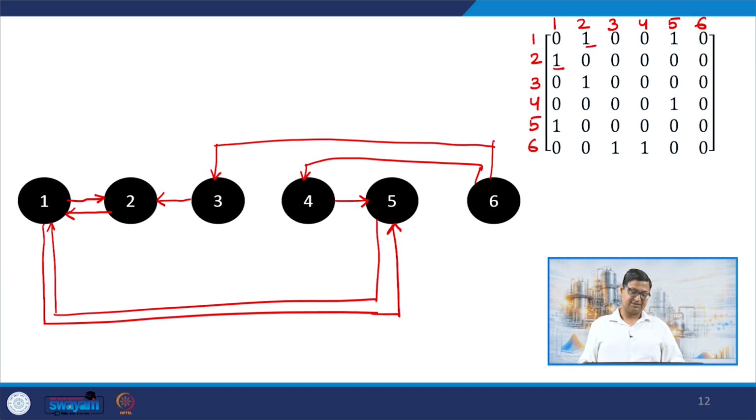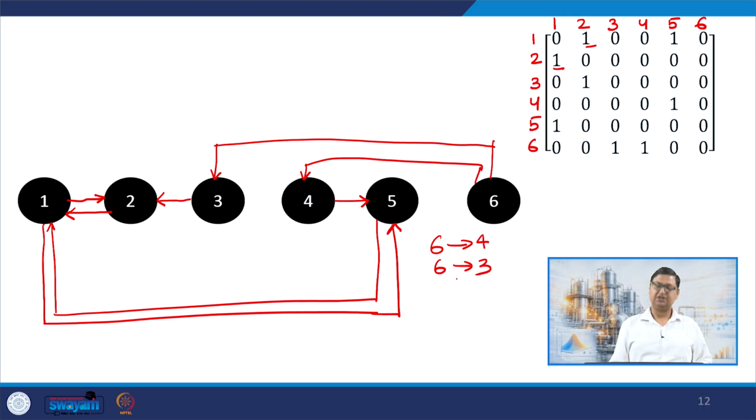But from 6 I can go to 4, I can go to 3. Via 4 I can go to 5. So I can go from 6 to 4 and 6 to 3 in one step. I can go from 6 to 1 in 3 steps, 6 to 4, 4 to 5, and then 5 to 1.